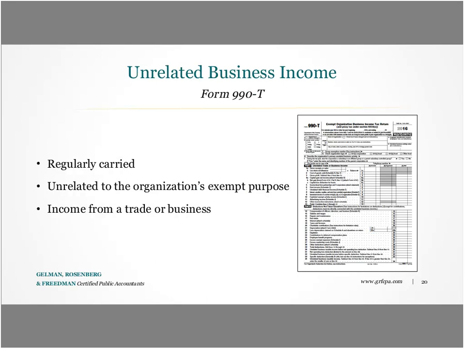So for something to be considered unrelated business income, there are three characteristics that must be part of that activity. One, it has to be regularly carried on. Now, that is a bit of a term of art. You can't just think about what you think regularly carried on means.